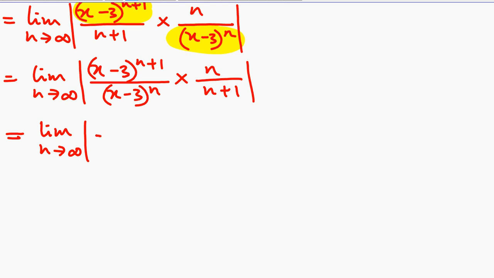So that will be x minus 3 multiplied by n over n plus 1.